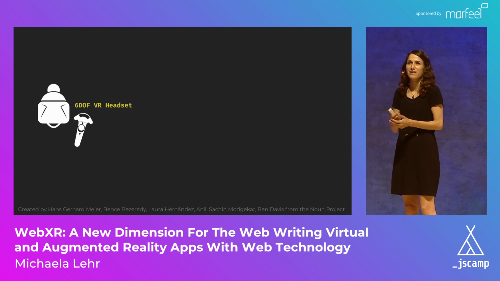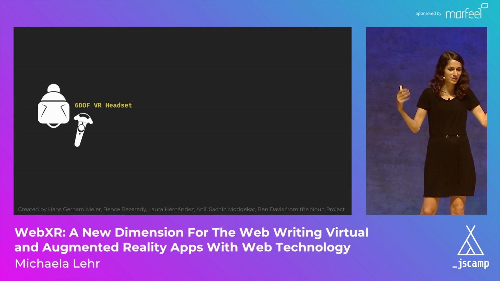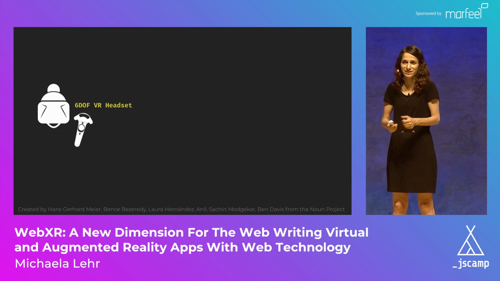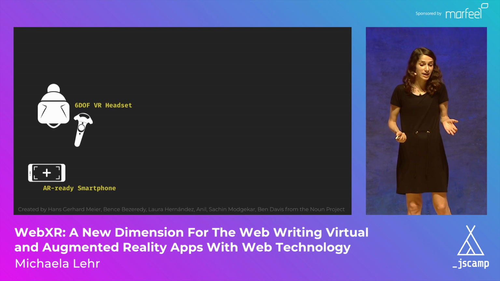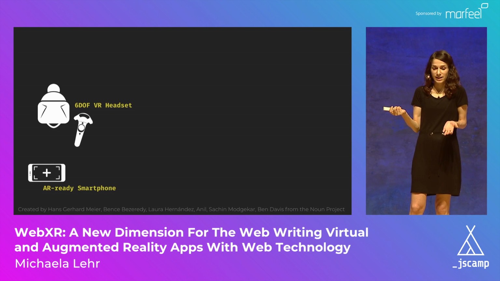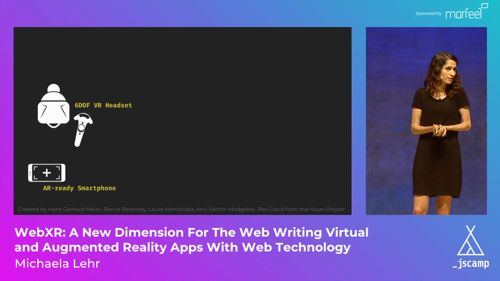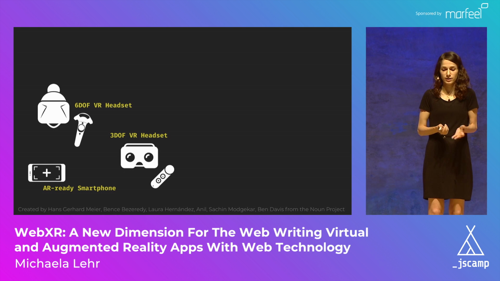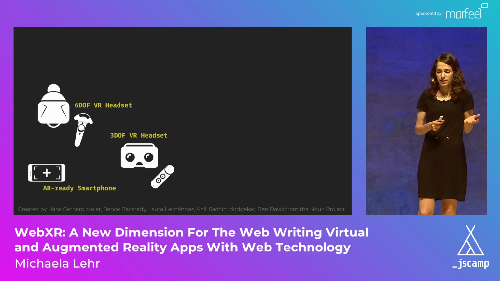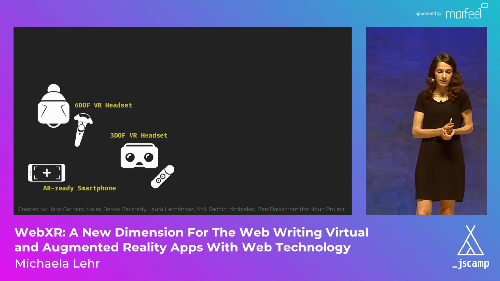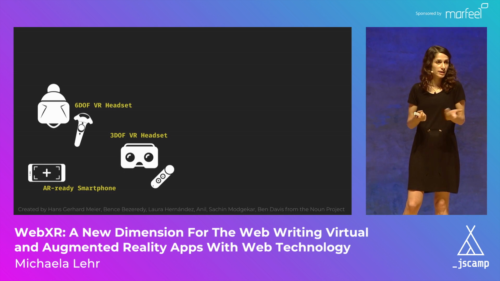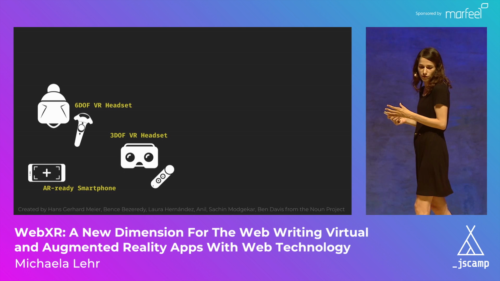Your users won't have an Oculus with a 6 degree of freedom VR headset and two 6 degree of freedom tracking sensors in room-scale VR. And if you go making AR stuff, not everybody has a smartphone with ARCore or ARKit support. So your users may use something like the Google Cardboard, Daydream View, or the Gear VR, which is a 3 degree of freedom headset that does not track the position but only the rotation and has no or only one input controller.